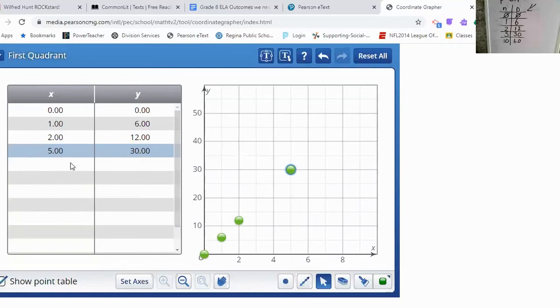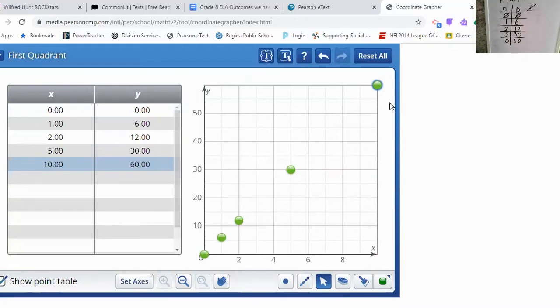And then if she plants 10 trees, she makes $60. Boom, right up there. So if you notice, this is a linear relation because all the points here, if I said 4, I would be able to figure out whereabouts, boom, it'd be on the line there, and it goes over here to 20. All these points would fall on this line. And that is a linear relation.